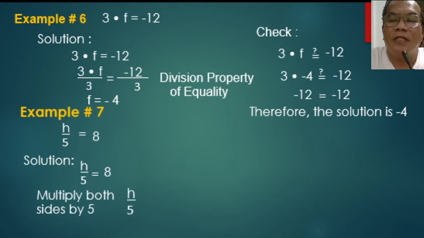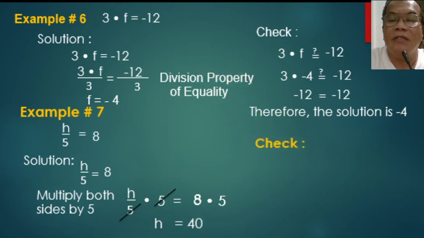So that is h over 5 times 5 is equal to 8 times 5. So cancel 5 and 5. Since h times 5 is 5h, 5h divided by 5 is h, and 8 times 5 is equal to 40.